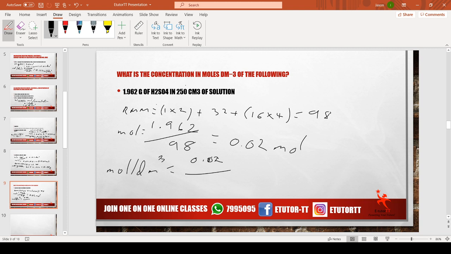Now we have 250 cm cube. So we have 250 divided by 1000, 1, 2, 3, 1, 2, 3, right? So that gives us 0.25 dm cube. So put a 0.25 over here, and we work that out.